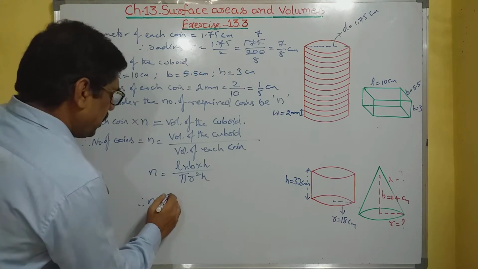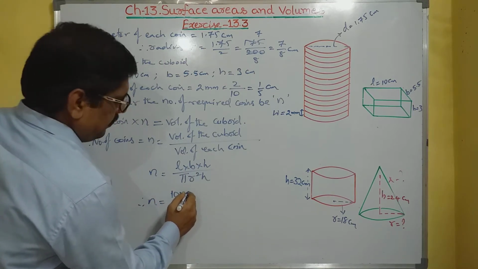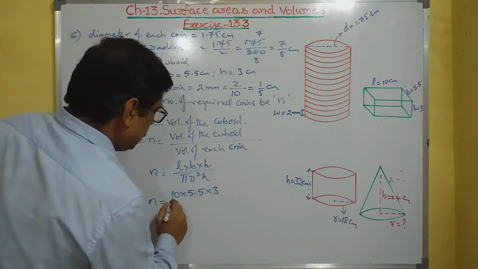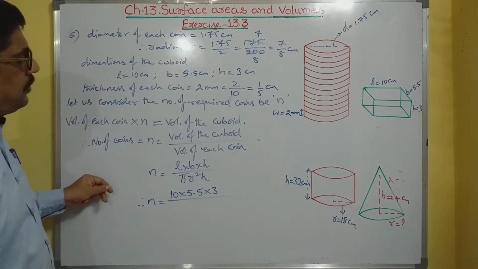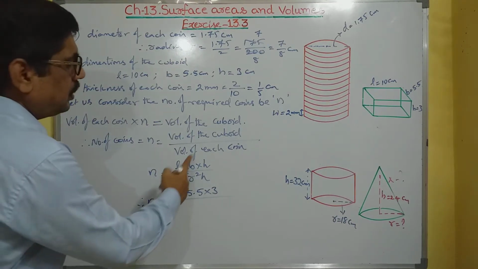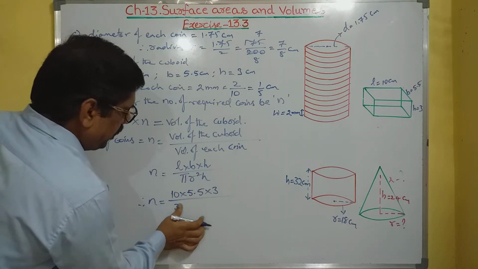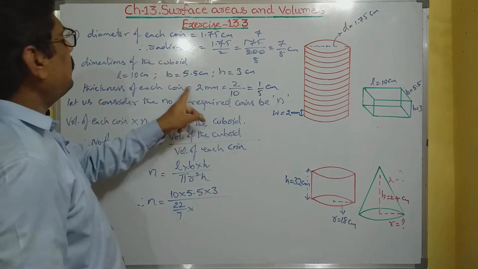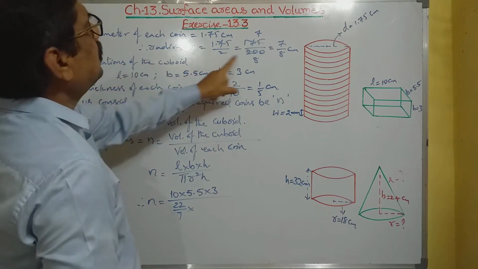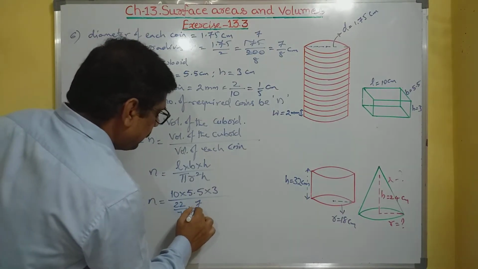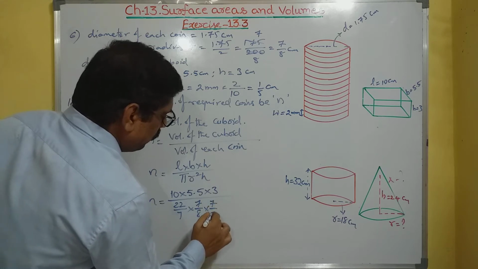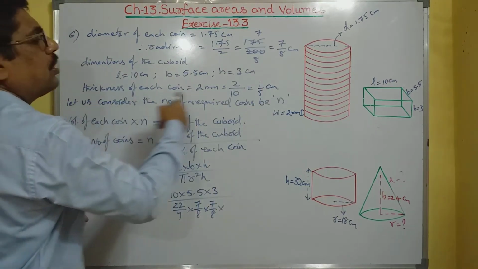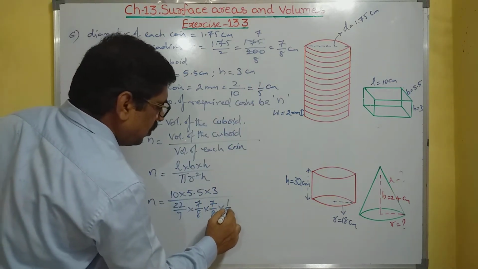What are the length, breadth, height? n is equal to 10 into 5.5 into 3, by volume of each coin, 22 by 7, pi value 22 by 7. Radius of each coin, how much? 7 by 8. Pi r square, so 7 by 8 into 7 by 8. Height is given as 2 millimeters, we have converted into centimeters, that is 1 by 5.